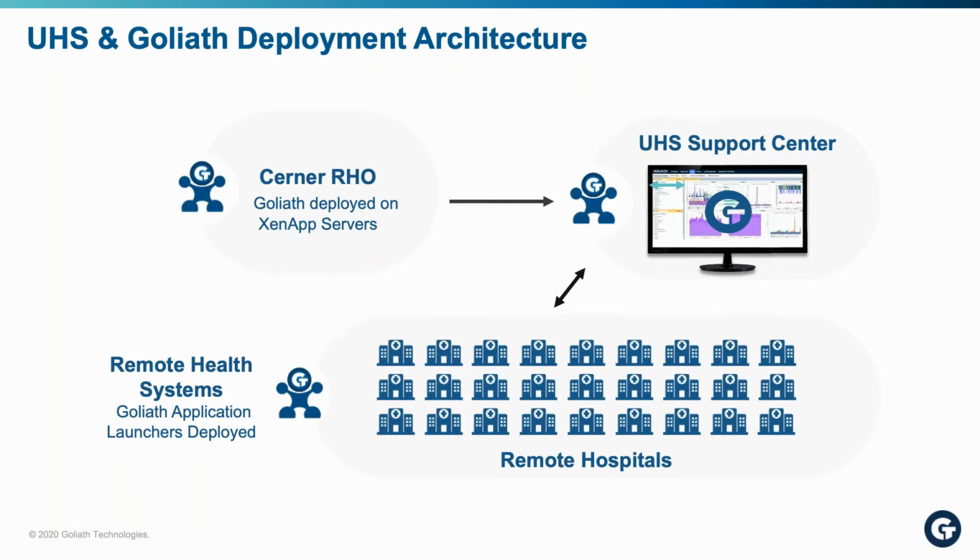And then from their different remote locations, there are application launching technologies. At UHS, for instance, they have about 33 acute care hospital locations that they're launching these applications from 24/7, 365 to make sure that these applications are available.